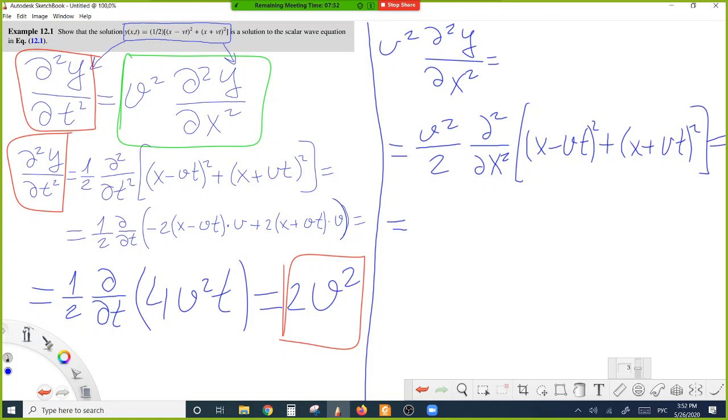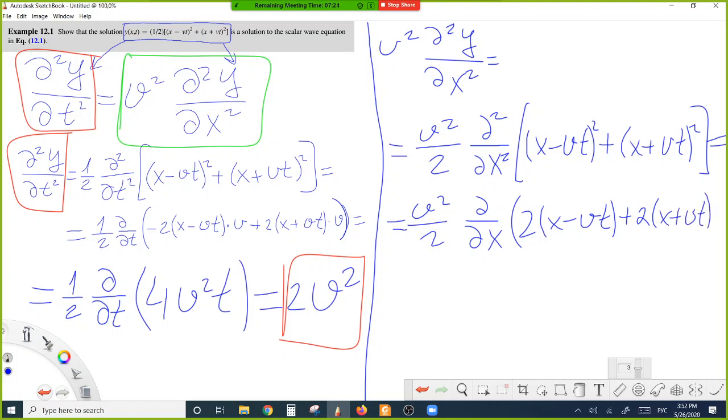Now, if we take one derivative with respect to x, what do we get? v squared over 2 d over dx of 2(x minus vt) multiplied by 1, plus again 2(x plus vt).